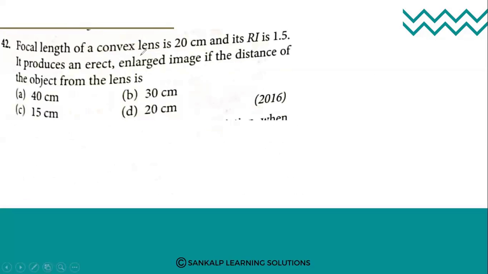Yes. See what is given. A convex lens is given. Focal length is given as 20 centimeter and its refractive index is given as 1.5. It produces an erect enlarged image if the distance of the object from the lens is.